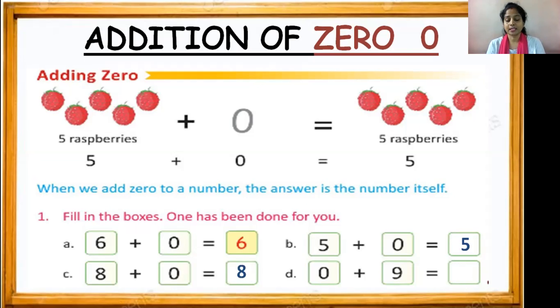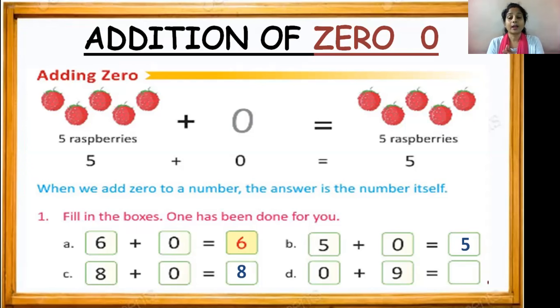So last is D, 0 plus 9. Again, you can say that 0 plus 9 is equal to 9 plus 0, as you have learned earlier also. When you change the place of the numbers, the answer will remain the same.